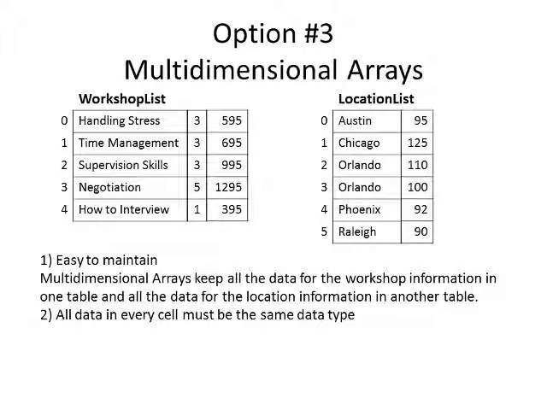One of the problems with multi-dimensional arrays is that all the data in every cell must be the same data type. For example, if I create an array of strings, then all the data in each cell must be a string. That won't be too hard because if it's a string, we can always take that data and convert it into integers and doubles.